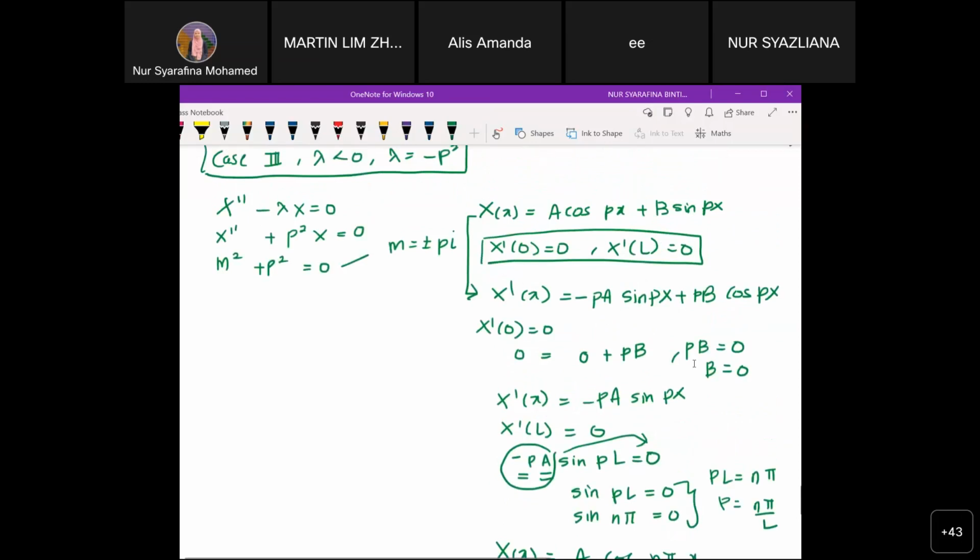Alright, clear? Why A cannot be 0? You don't know the value of A, but you know the value of p, right? p is from lambda here less than 0. You don't know the value of A, just put everything to the right hand side. So 0 divided by pA will give you 0. Then we can conclude that sine pL equals 0. Then solve for p. All right.